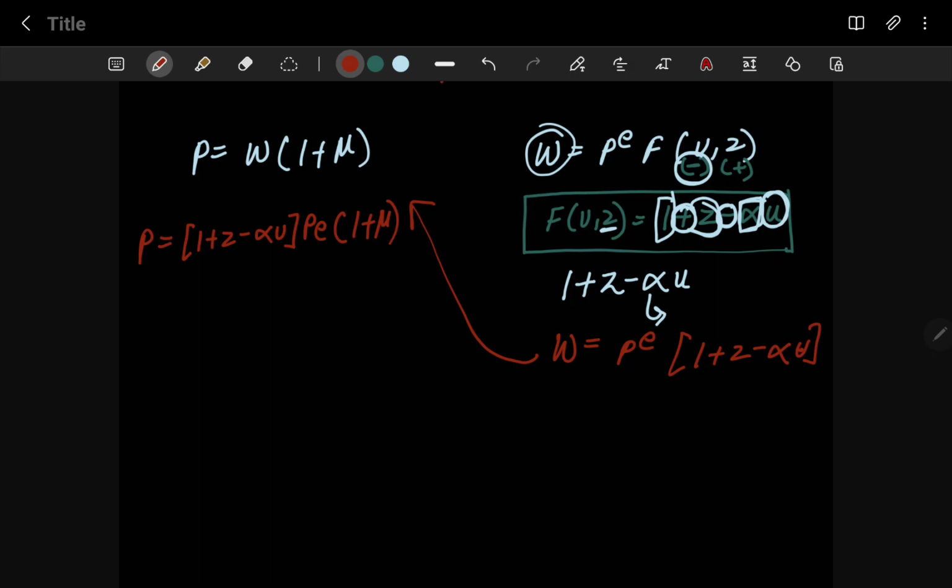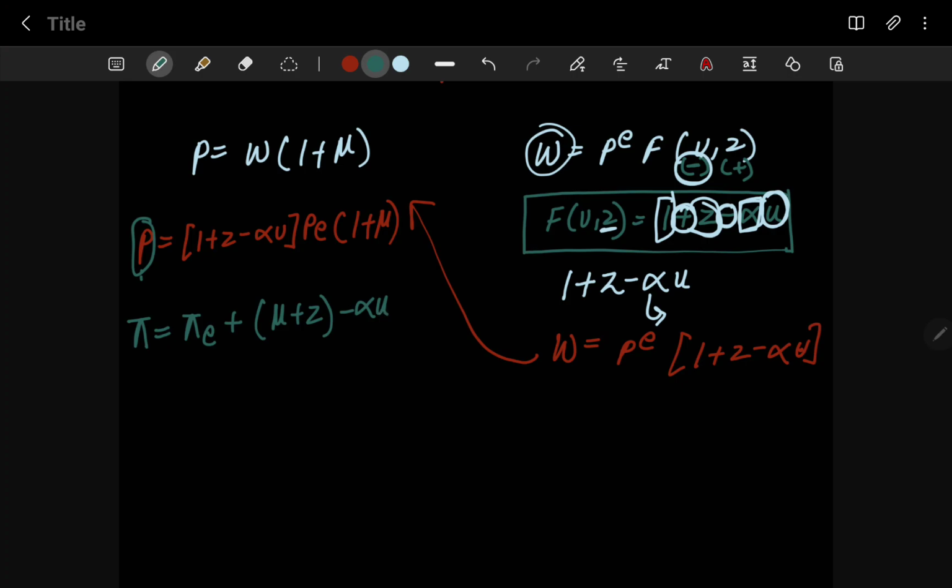For now, this is what you have to keep in mind in order to derive any formula from Phillips curve. Also, you have to replace the value of P with inflation, pi. Now it is pi equals pi E plus mu plus Z minus alpha U.